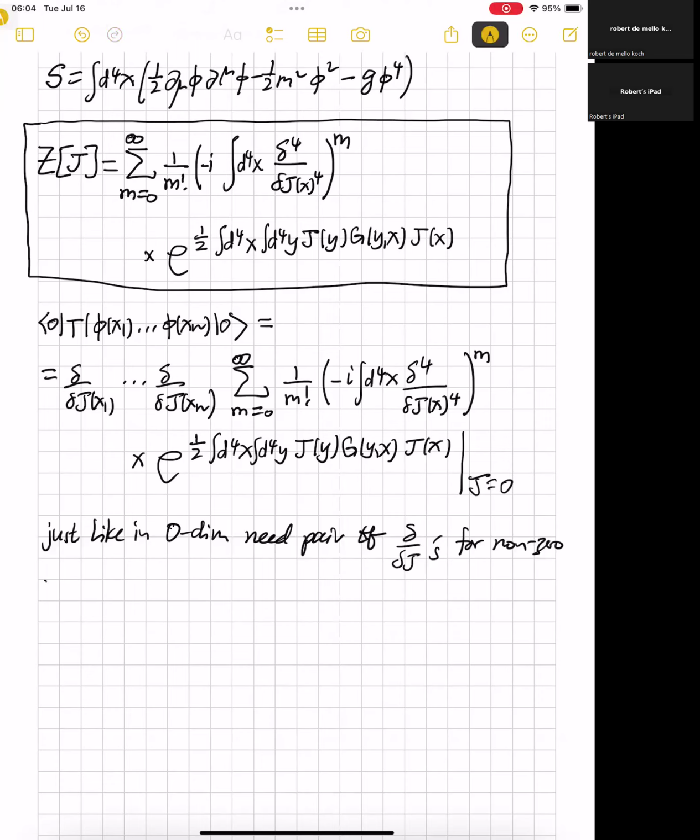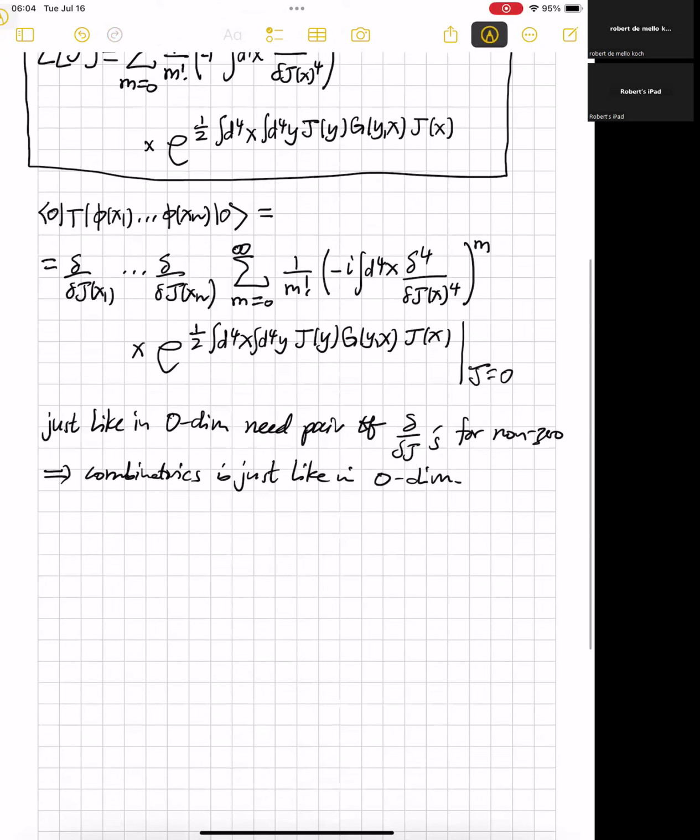And what that means is the combinatorics is just like in naught dimensions. And this is why the naught dimensional exercise is useful.